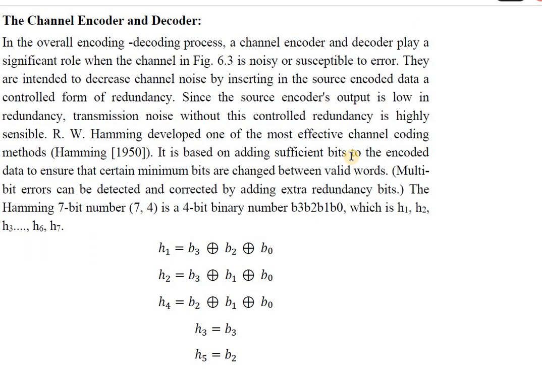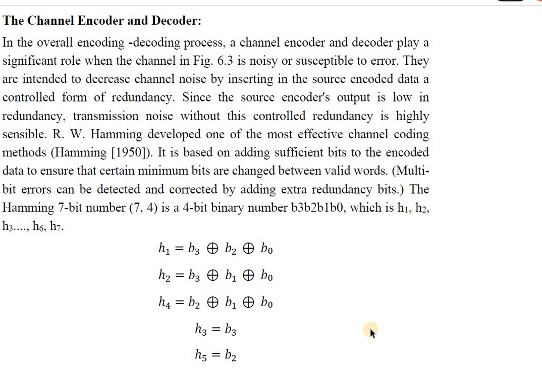Now let us talk about channel encoder and decoder. So why do we need a channel encoder and decoder? We need it so that whenever my channel is noisy or susceptible to error, and some noise or error can be added to my data, I can detect that noise and that error, and not only detect it but correct it.